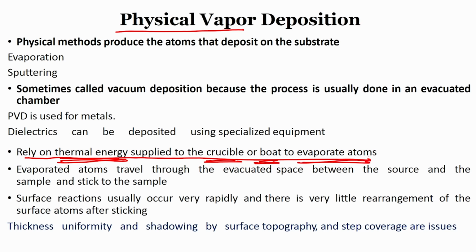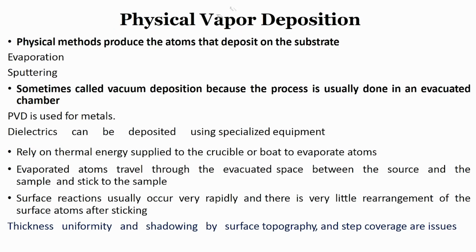You got it? To evaporate atoms. Very easy, extremely easy, super easy. Understanding electronics, understanding any subject, when you go down to its basics, becomes super easy. Let us see the next sentence.